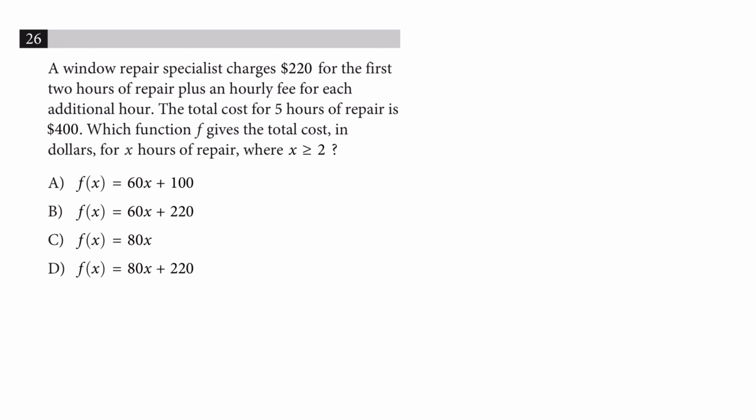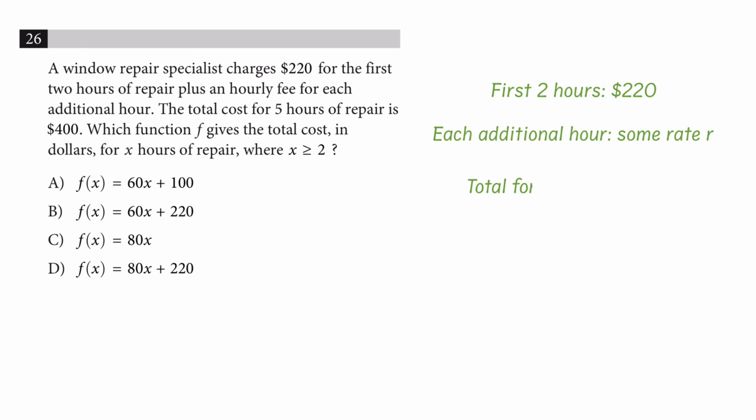Last word problem, a piecewise cost function. Let's build the equation. The first 2 hours cost $220. Each additional hour costs some rate r. The total cost for 5 hours is $400. So 220 plus r times 5 minus 2 equals 400. That simplifies to 220 plus 3 times r equals 400.